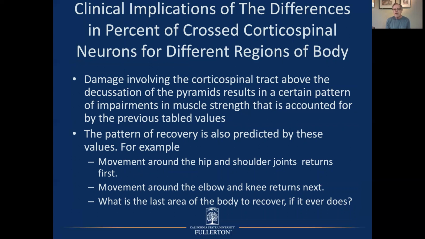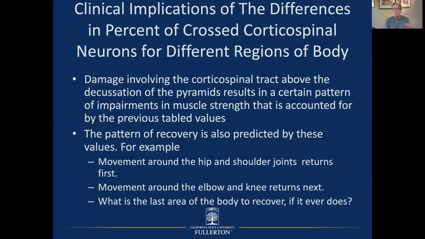When the damage of the corticospinal or corticobulbar fibers is above the level of the decussation, the impairments are on the opposite side from the damage. Let me say that again. And by the way, this is going to apply to our motor and sensory systems. Right here, we're just talking about motor, but the rule, the way I'm articulating it, would apply either way.